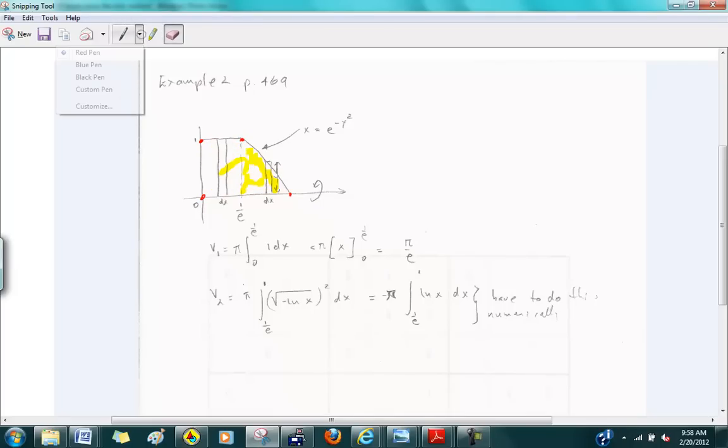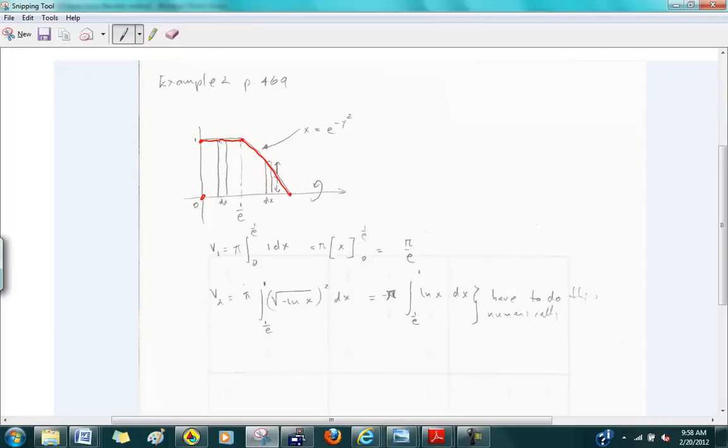Let me just trace the outline of the region so you can see what's going on here. This curve here, where this arrow is pointing, is x equals e to the minus y squared. Since we are rotating it about the x-axis using the disk method, our representative rectangle is going to be vertical, at right angles to the x-axis.